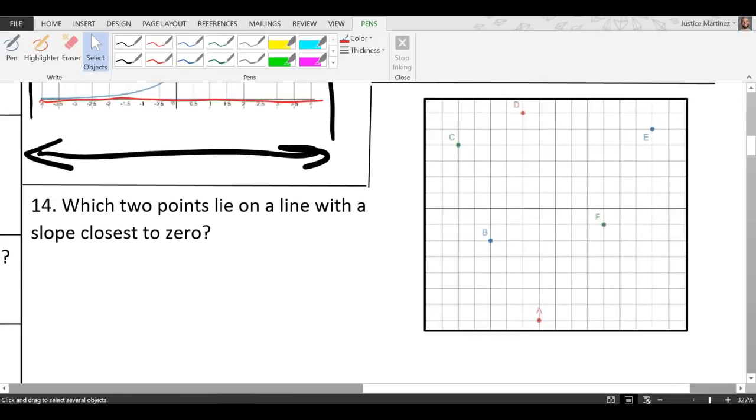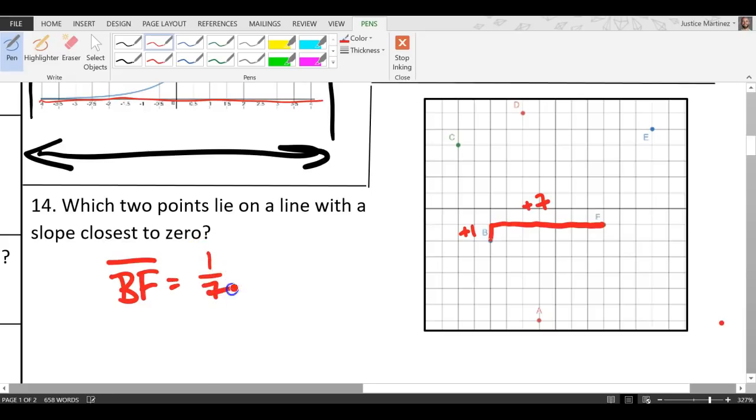Which of these 2 points lies closest to 0? Well, the 2 that everyone in class today came up with were these 2. That one is just 1 over 1, 2, 3, 4, 5, 6, 7, meaning line BF is 1 over 7.